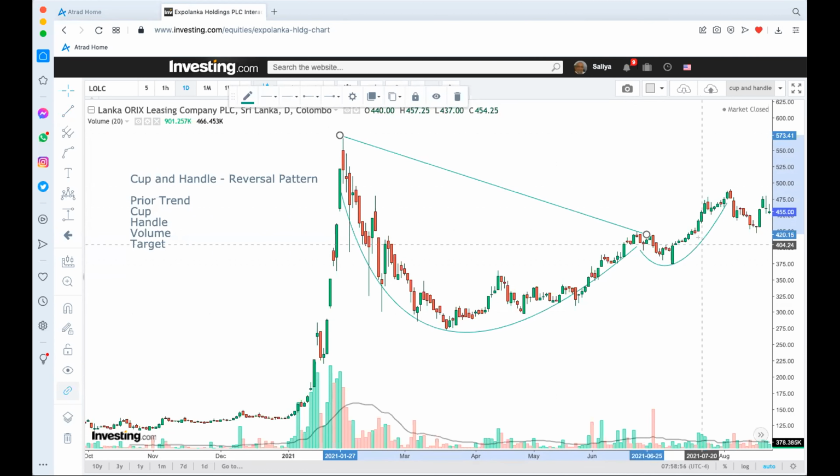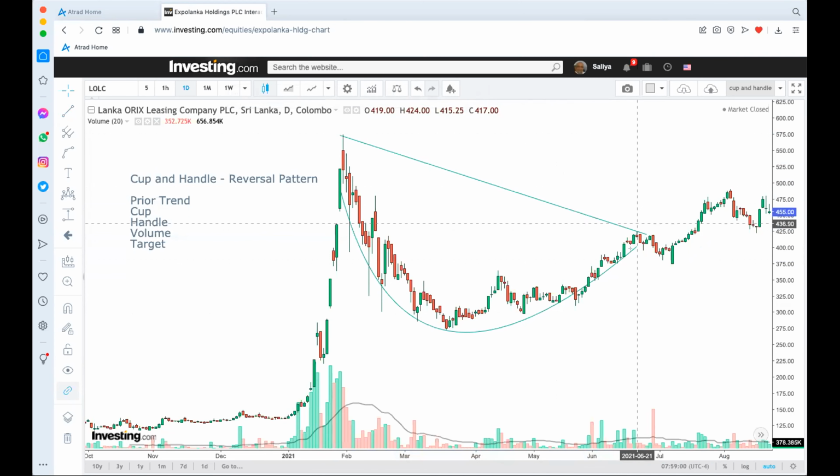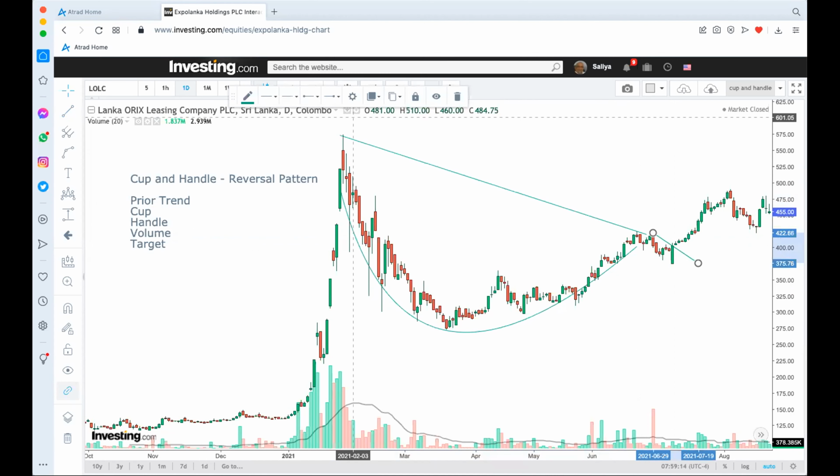At the same time, there's another system where we can take this out and make use of this reversal here, this pullback, as a channel. It can be a channel, it can be a triangle like this.